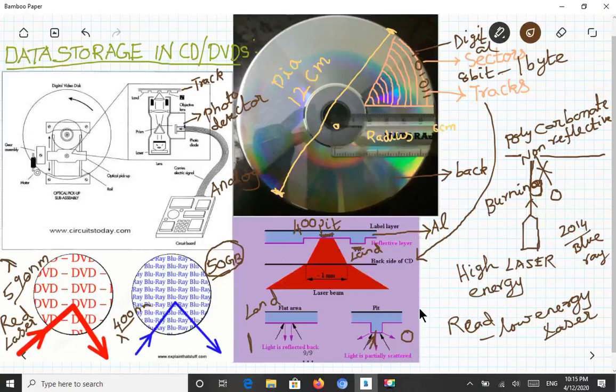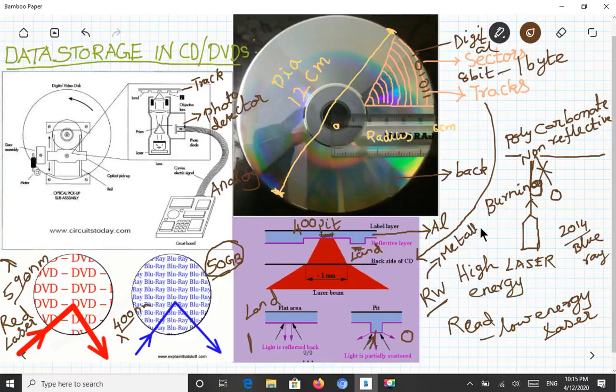And another thing is that there is something called rewritable DVDs or CDs. So what is the difference between rewritable and one-time readable or writable DVDs? In rewritable, they will not use this kind of material. They will use a different kind of crystalline material, metallic crystalline material.